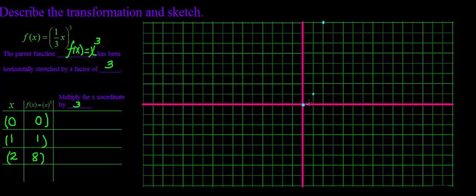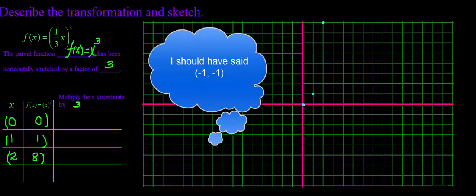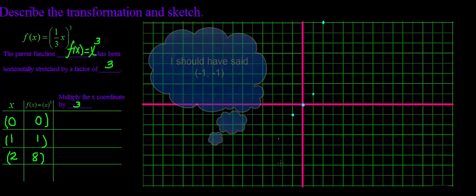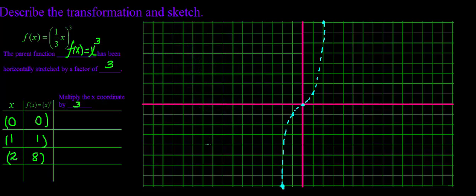That means that all of these points that exist in the first quadrant will also be in the third quadrant. Because this function is odd, it is symmetrical with respect to the origin. So if (1, 1) exists, so will (-1, -1). And if (2, 8) exists, so will (-2, -8). There's the parent function x cubed.